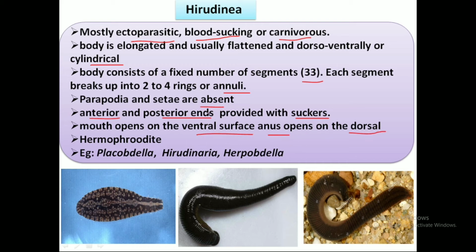In some species, they also have some additional organs for the blood-sucking purpose. These species are also hermaphrodite, and the common representatives are Placobdella, Hirudinaria, and Herpobdella. So the leech is one of the common representatives of the class Hirudinea.